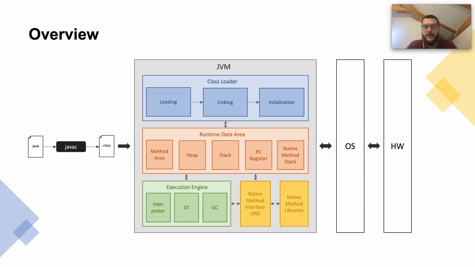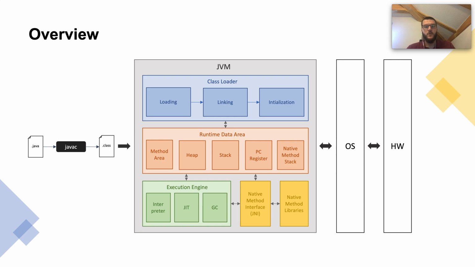What I'll be looking at now is a block diagram of a complete Java virtual machine with a complete platform overview. First of all, we have the source code of our application, and it is this .java file. By compiling this file with the javac command, we get a .class file, and this class file actually contains the bytecode instructions that will be run, and of course some additional class metadata.